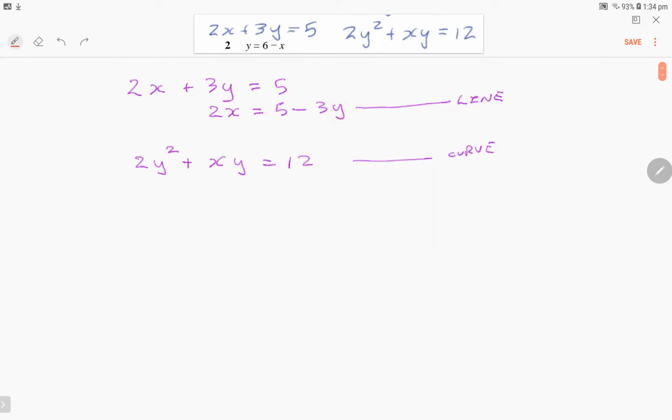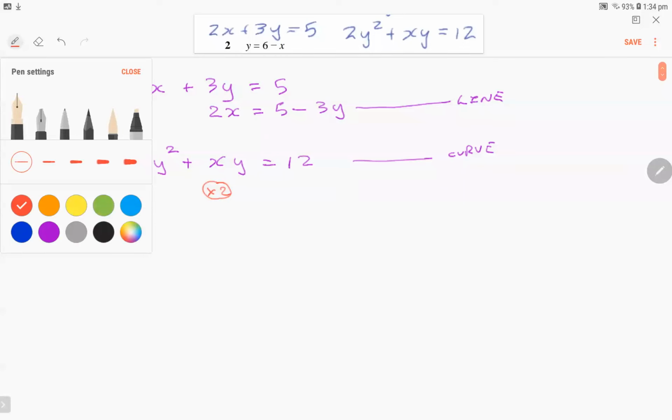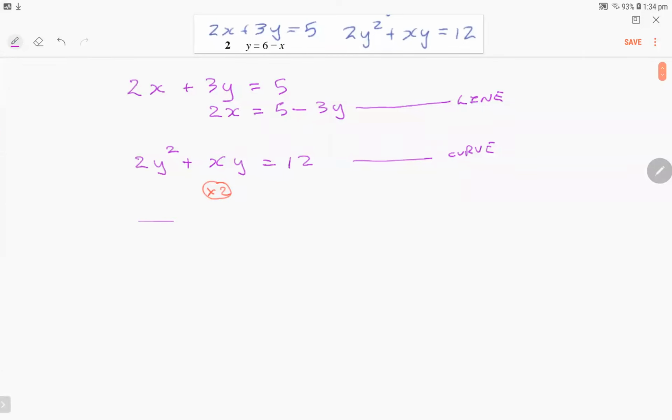I don't want the fractions, so I'm going to multiply this equation by 2. Then this will become 4y squared plus 2x times y, so you see I have my 2x now, and equals 24. Multiply this by 2, that equals 24. So therefore, I'm now going to work with this as my curve.